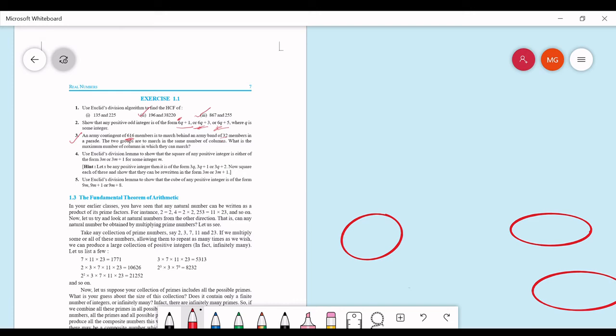So see, Euclid's division lemma, let x be any positive integer, then it is of the form of 3q, 3q plus 1, 3q plus 2. Now square each of these, right? So obviously first you will be taking any number. They have provided you an x with a hint.